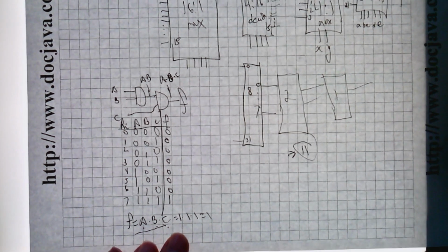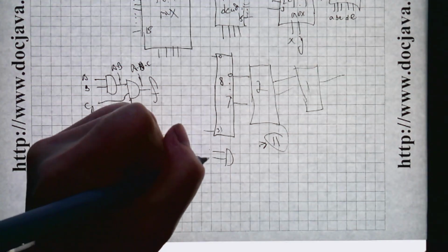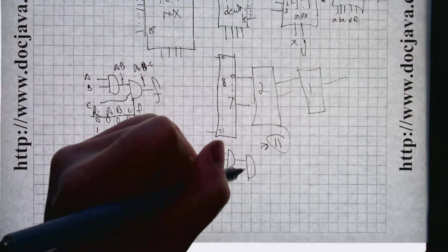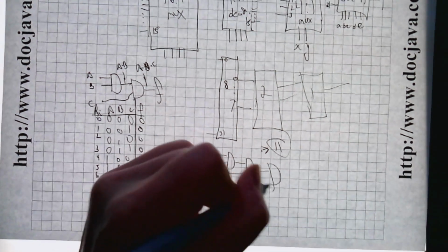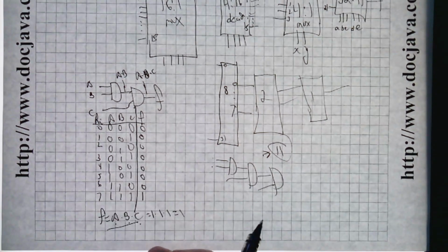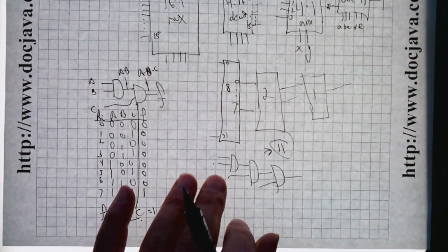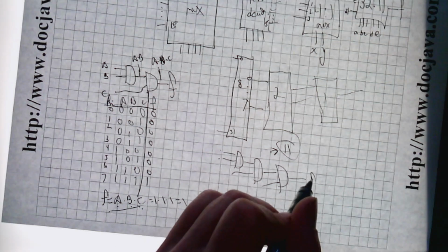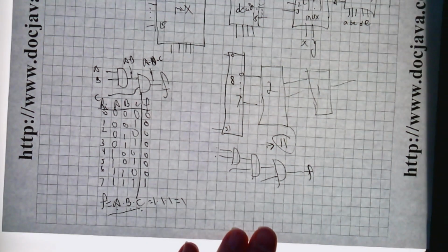So if you think about it, AND gates are true when both inputs are true. Take another AND gate, now it's true when all 3 inputs are true. Take another AND gate, and now it's true when all 4 inputs are true. But only if and only if all 4 inputs are true. If any one of the inputs is not true, then F will not be asserted as a 1. It will not be true.